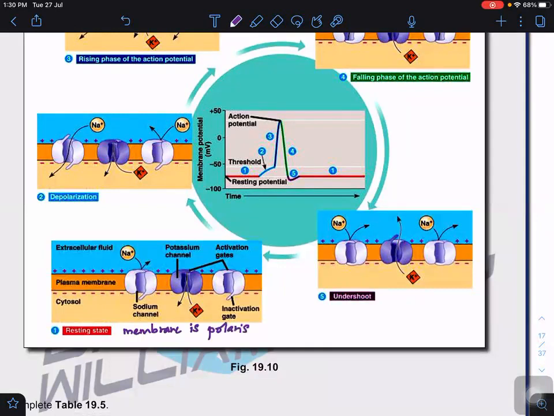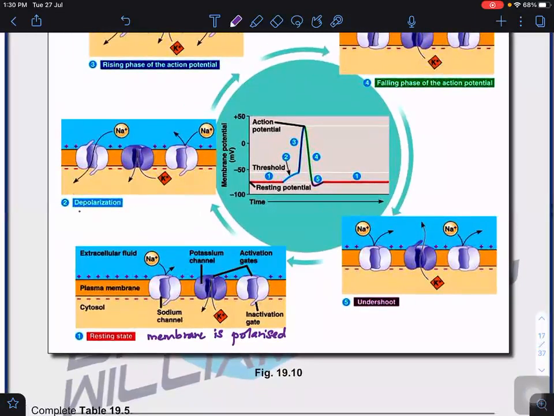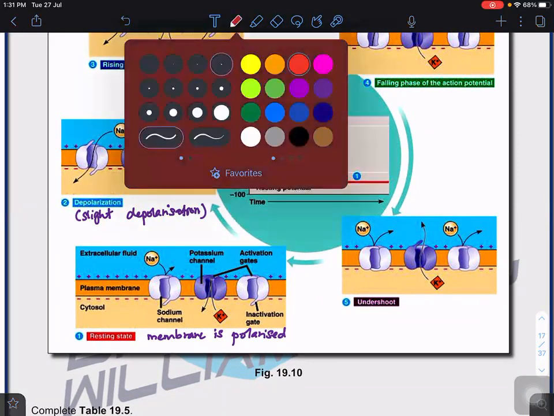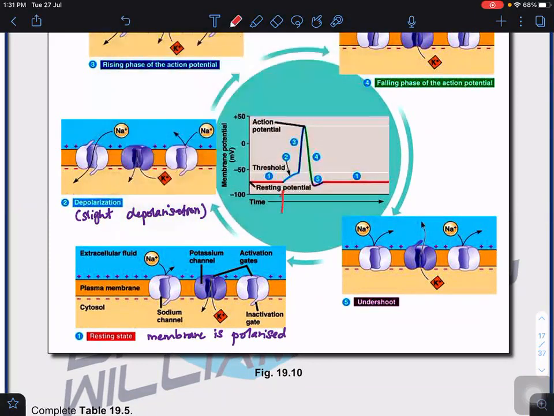So what happens in the second phase, depolarization? Here, write down slight depolarization. We are going to have a stimulus.